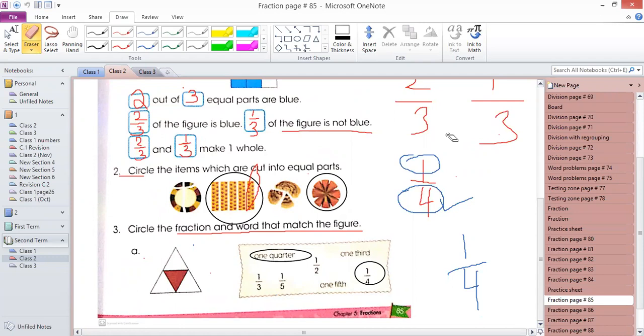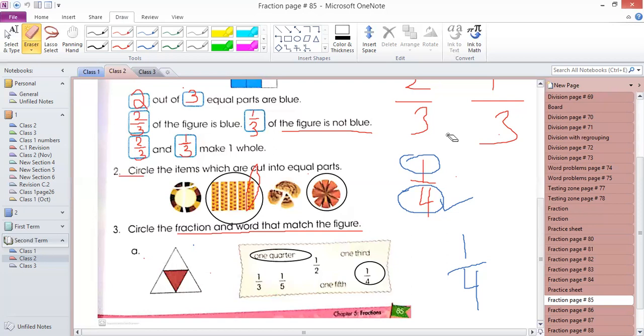The options we have here are 1/3, 1/5, 1/2, 1/4. So it is divided into 4 equal parts. That means the denominator must be 4. There is only one value with denominator 4, that is 1/4.